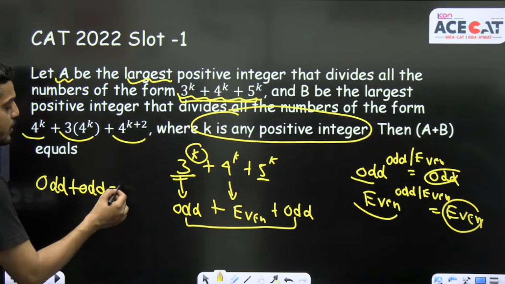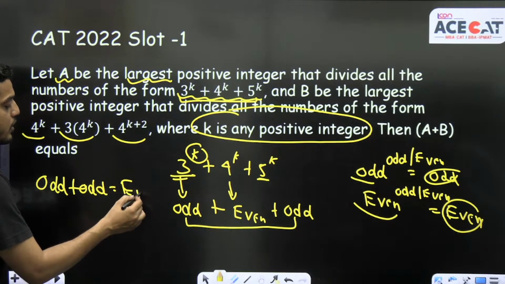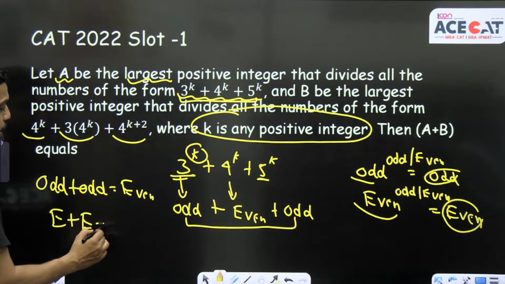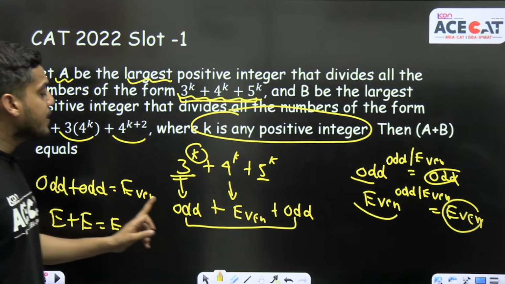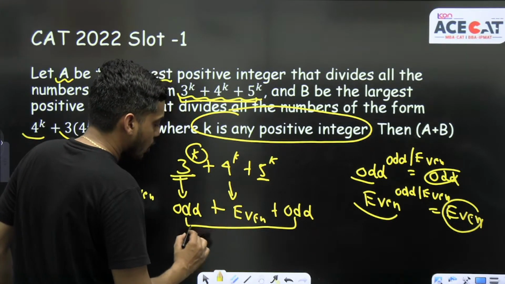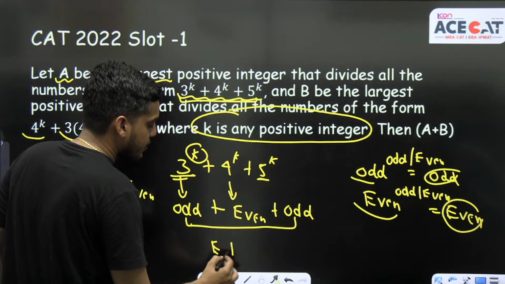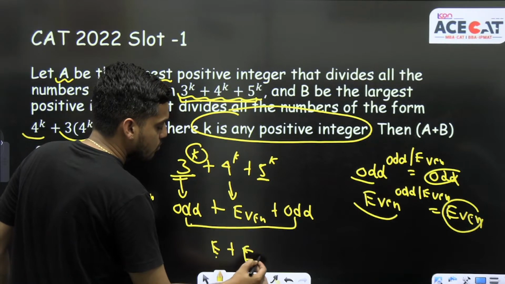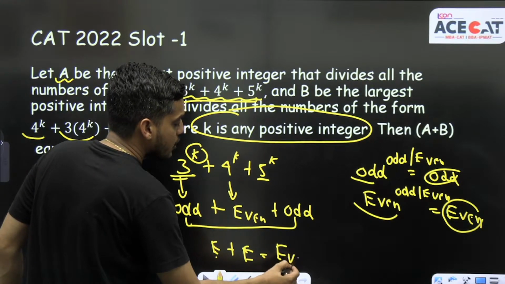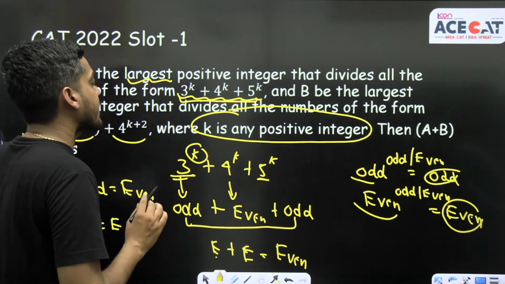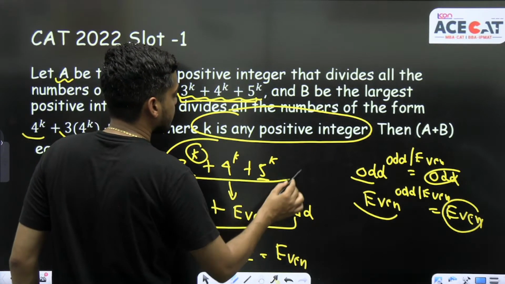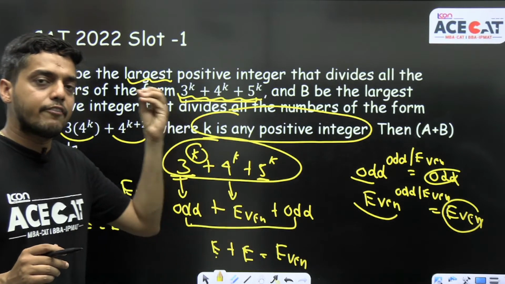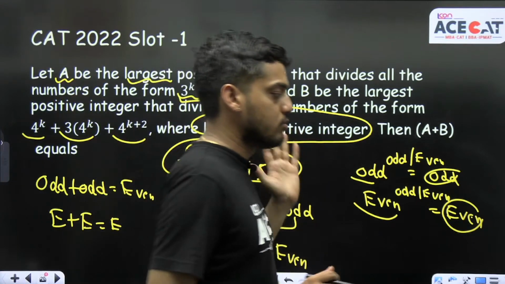So odd plus odd will be even only, and it is quite obvious even plus even will be even. So if I add these two values, odd plus odd is even, and if I add even value plus even value, the final value will be even only. So it is guaranteed that it will be an even number. If I put any value of k, any positive integer, it will always give me an even value.